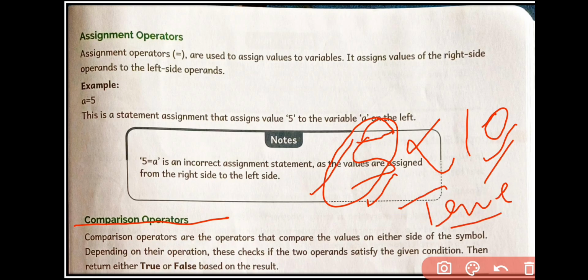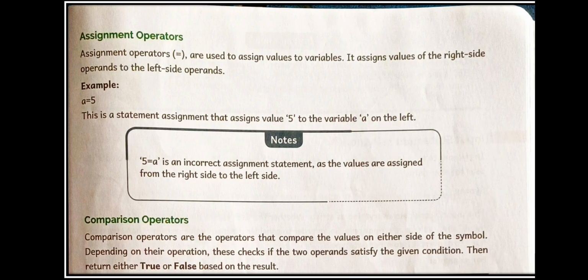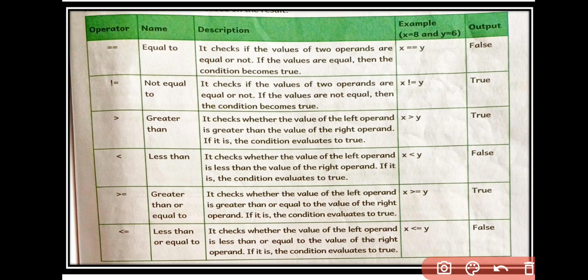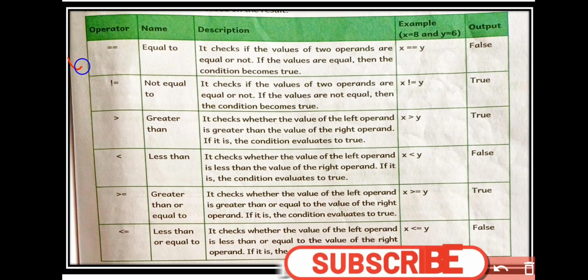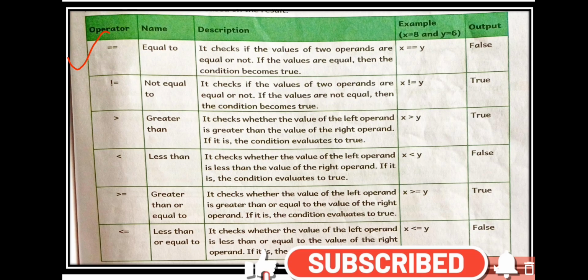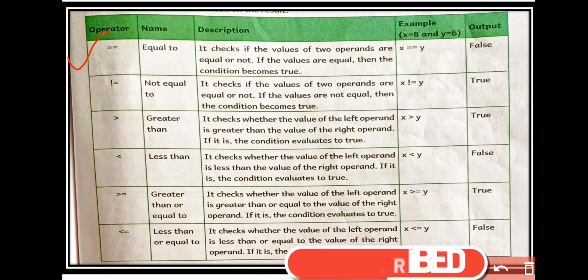So here, comparison operators are used to check conditions like less than, greater than, or equal to. Next, equal to checks whether the values of two operands are equal or not.